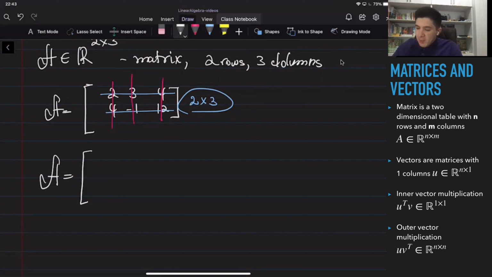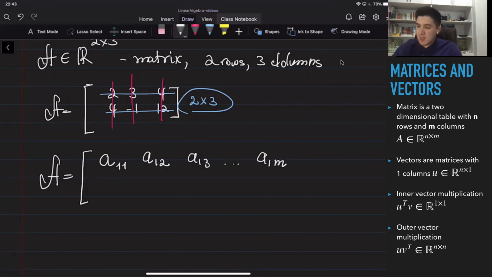Here I'm going to denote the elements. A11 means the element of the matrix located in the first row and first column. Then A12, A13, and so on, A1M. So it has M columns.